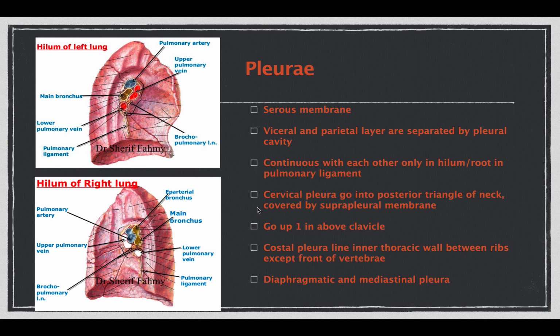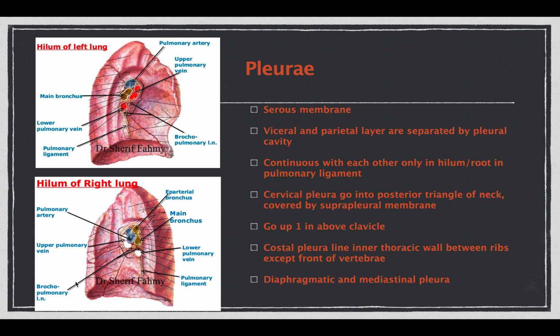And the cervical pleura can go into the posterior triangle of the neck, and that's going to be covered by the suprapleural membrane, usually above, like an inch above the clavicle. And the costal pleura lines the inner thoracic wall between the ribs, except for in front of the vertebra, so it's more like just lateral.